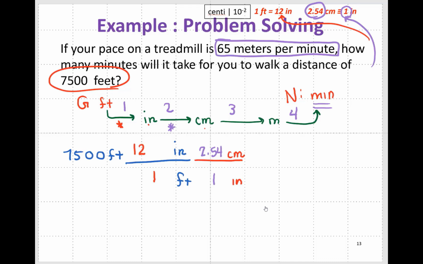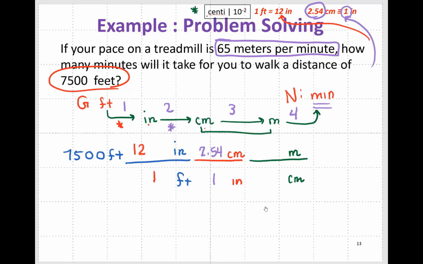In step 3, I'm going from centimeters into meters. So centimeters goes on the bottom and meters goes on top. And how do I write this? On your equation sheet, you'll be given a table and it'll look something like this. This is a portion of that table.